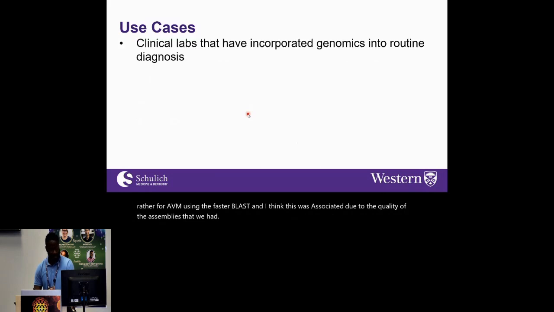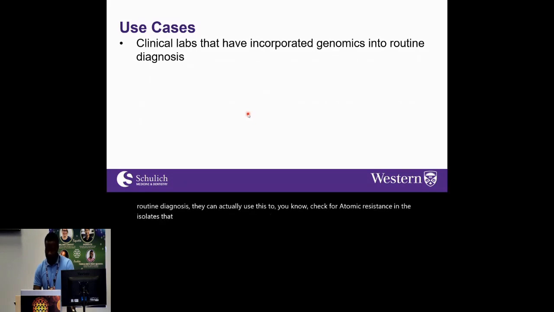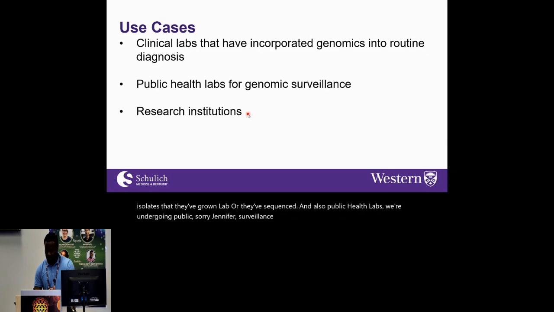The use cases for this are for clinical labs, those that have integrated genomics into their routine diagnosis. They can use this to check for antimicrobial resistance in the isolates that they've grown in the lab or sequenced. And also public health labs who are undertaking genomic surveillance, and research institutions as well.